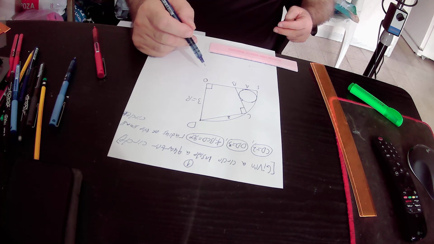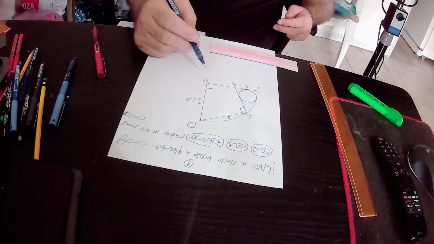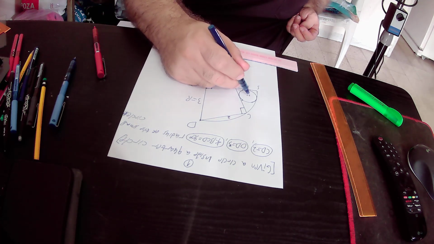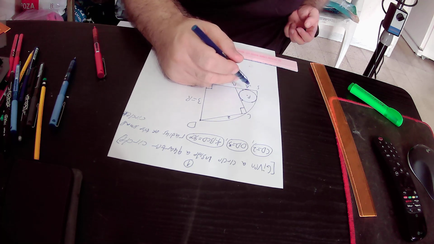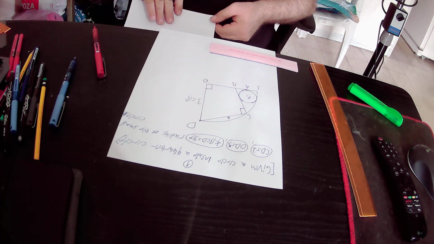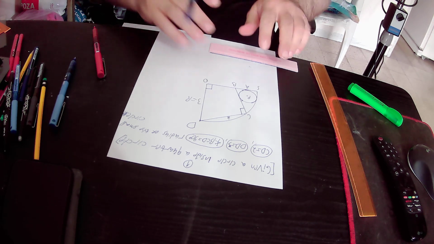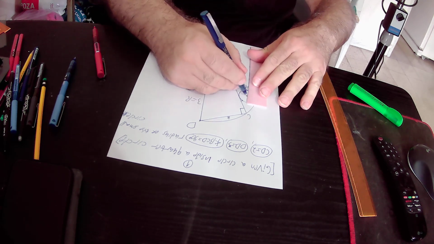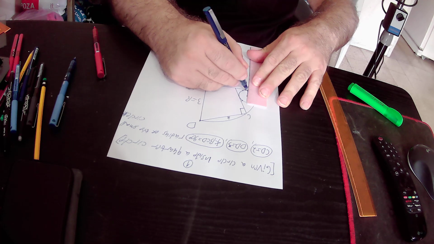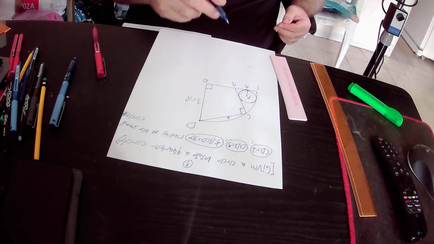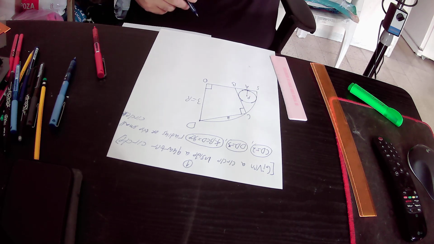So first of all we will define the center of the small circle as point P, and then we connect points A and P by a straight line. Actually AP is the radius of the small circle.